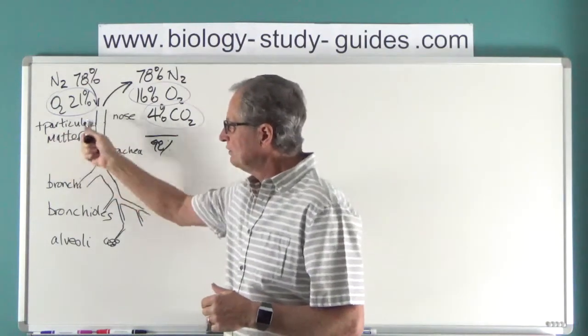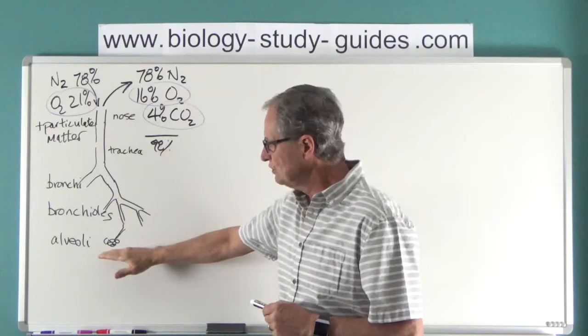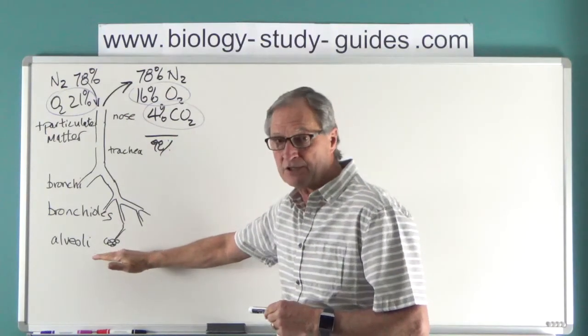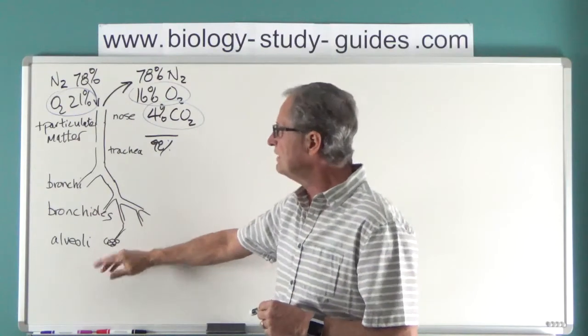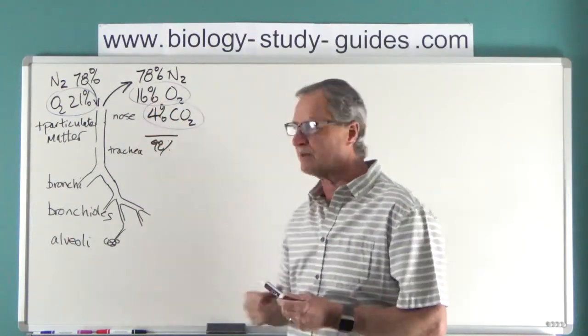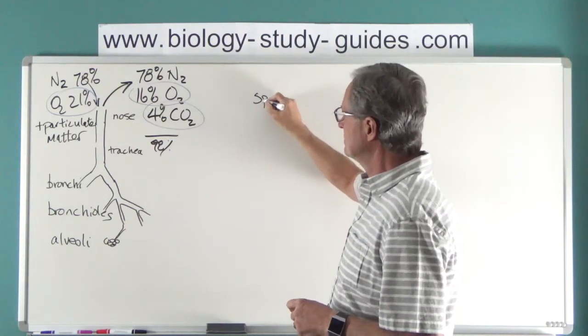Unfortunately, we have to deal with particulate matter along the way. The oxygen doesn't get used down here, or until it gets into the blood down here, so that's not part of our topic in this video. Neither is the carbon dioxide. That comes up later. But let's look at specializations.